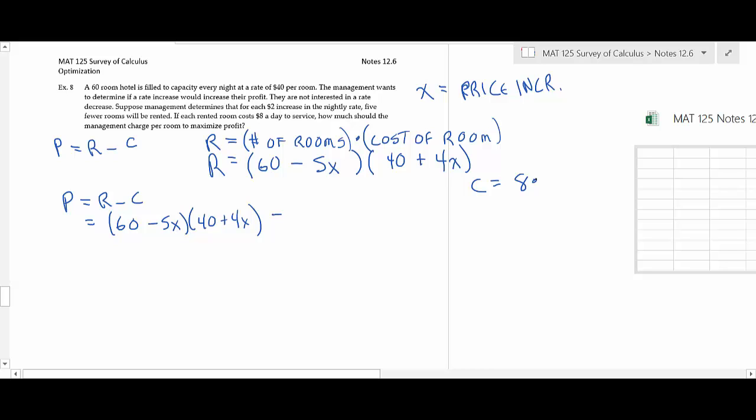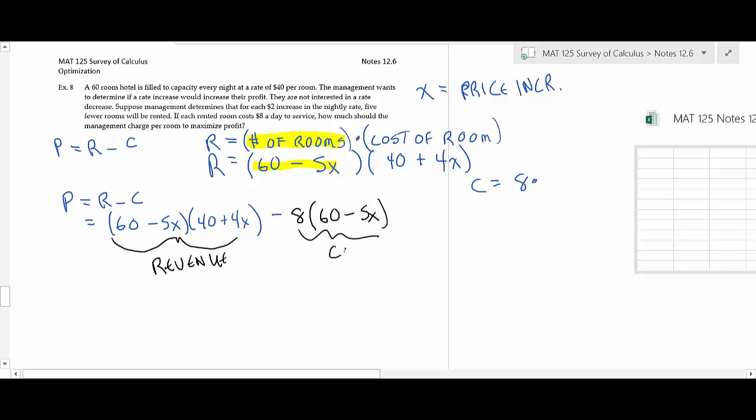So you've got to figure that in there also. And the number of rooms is this thing right here. That's changing. So you would have 8 times 60 minus 5x like that. Okay, so what you have in this part right here is your revenue coming in.